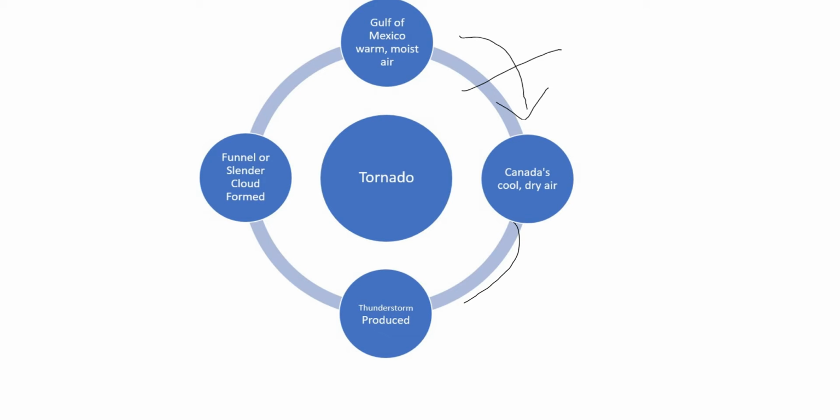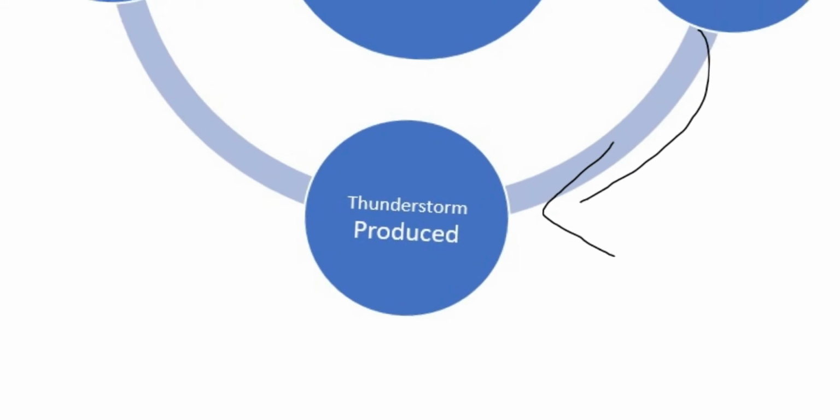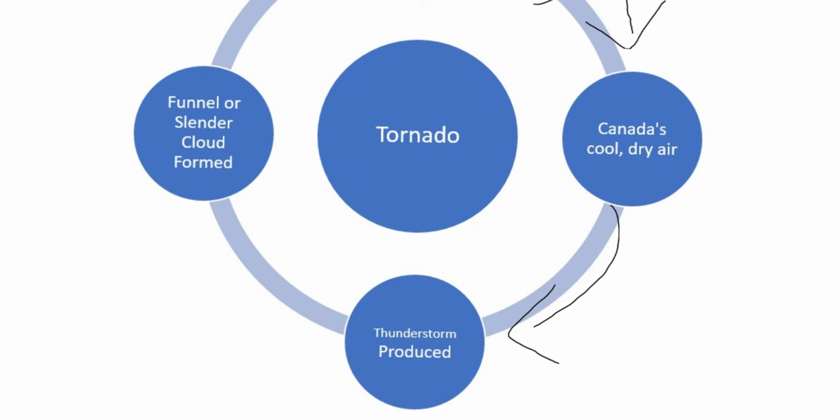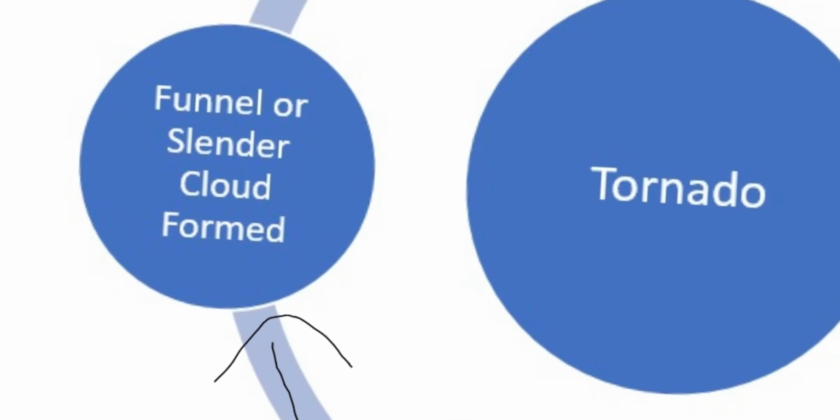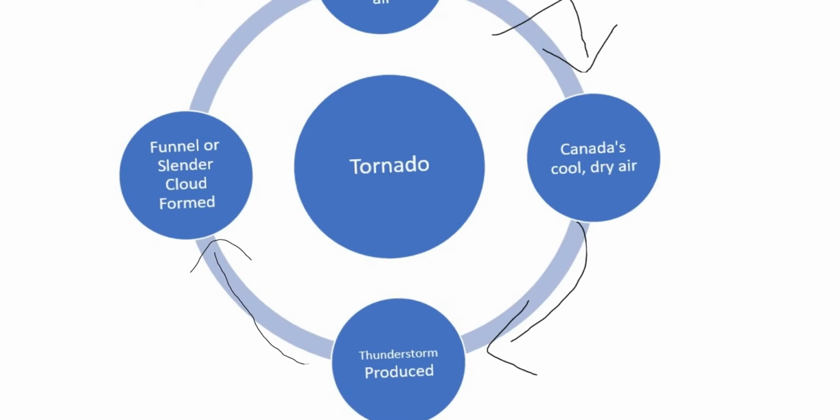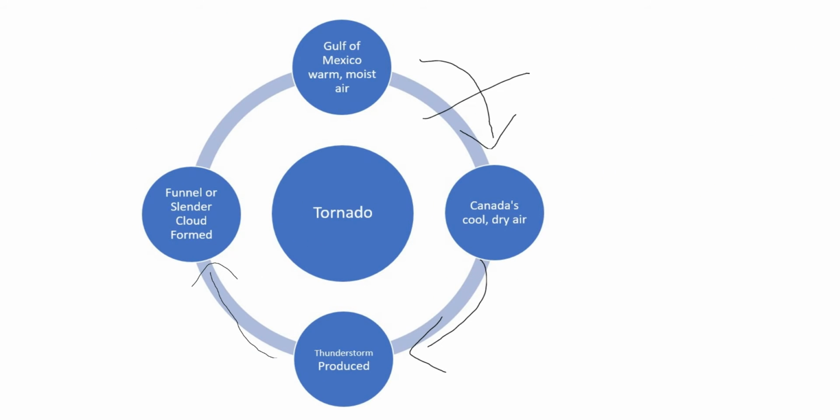A thunderstorm is produced. Then we see a funnel or slender cloud formed. Now we see our tornado.